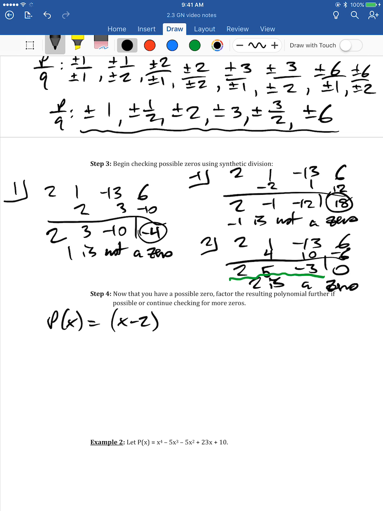And then from here, we have 2x squared plus 5x minus 3. That's our other factor, but that's not factored completely. But now, this is just a quadratic. We know how to factor that.